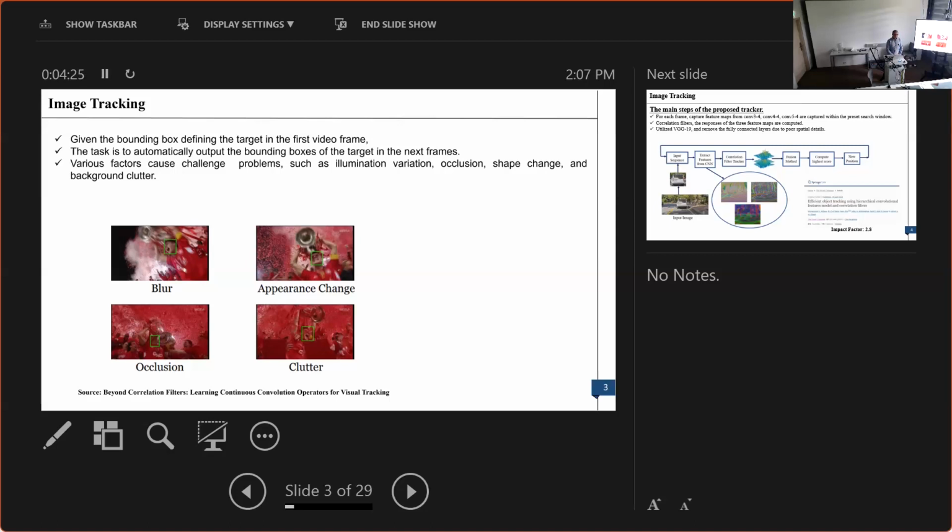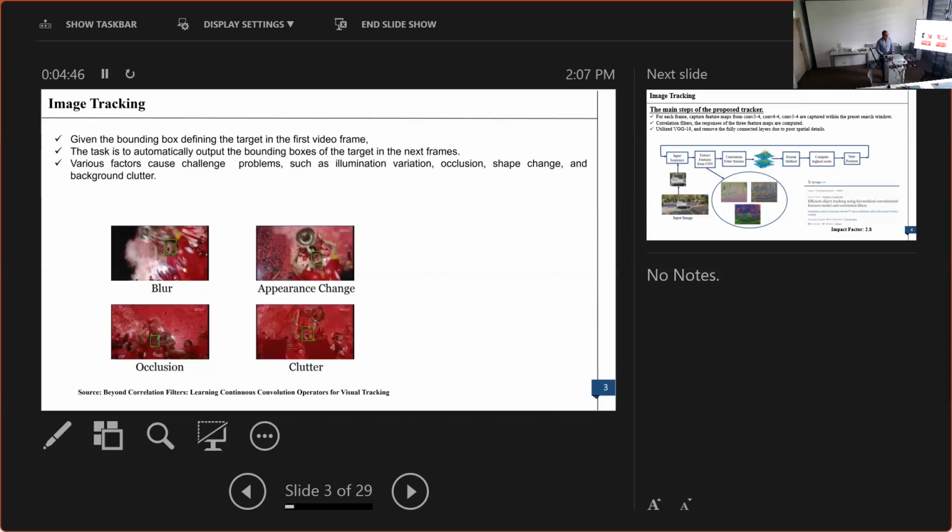4 or 5 years back, I started this topic, which is image tracking, because I got engaged in one project, which was autonomous vehicles. As we can see, image tracking has several challenges.